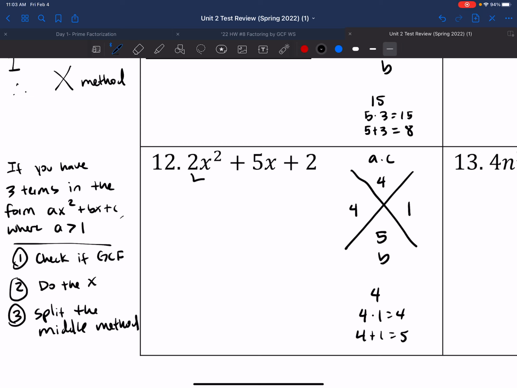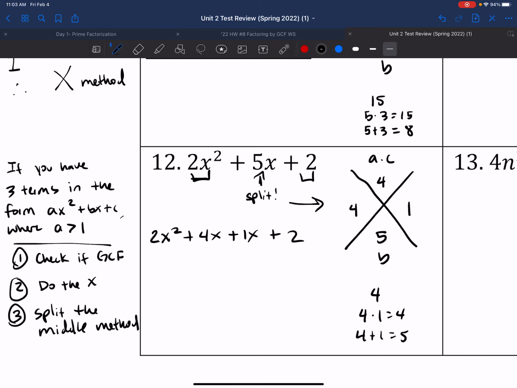What's going to happen is I'm going to keep this, but split using that, right? 4 plus 1, so pretend that there's an x here and an x here, okay? 4x plus 1x is going to give me 5x. So I'm writing 2x squared plus 4x plus 1x, right? We see that 4x plus 1x is 5x. I'm just splitting that up, plus 2.